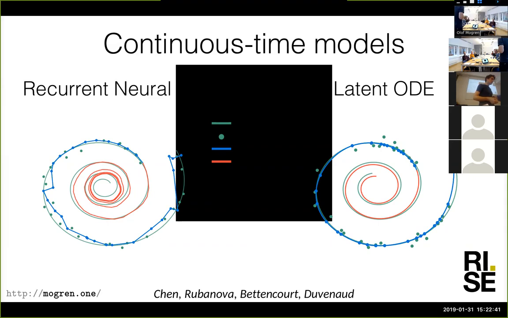And the prediction is blue when we are copying, and red when we are making this extrapolation, things the network hasn't seen. And well, the latent ODE on the right makes a nice smooth spiral, and the RNN on the left makes a not so smooth spiral. And I guess that says something.